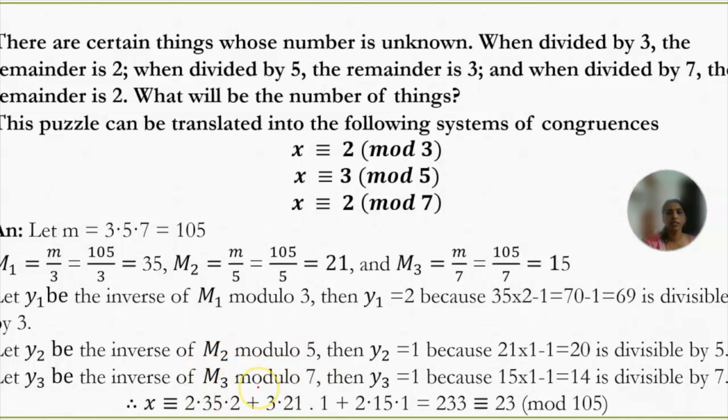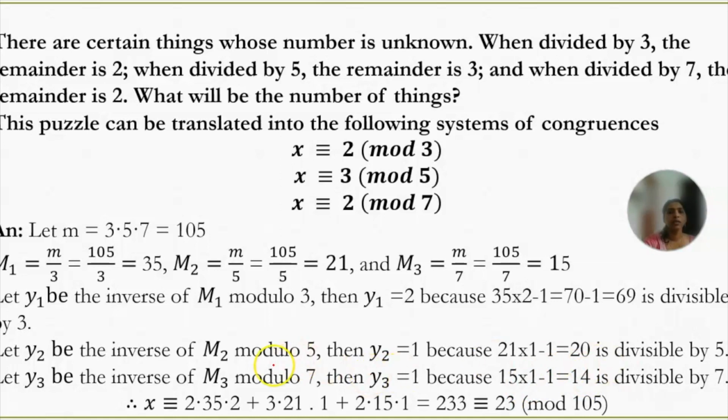This also exists because M3 is 15, and 15 and 7 are relatively prime. Therefore, Y3 equal to 1 is the inverse of M3 modulo 7, because 15 into 1 minus 1 equal to 14 is divisible by 7.